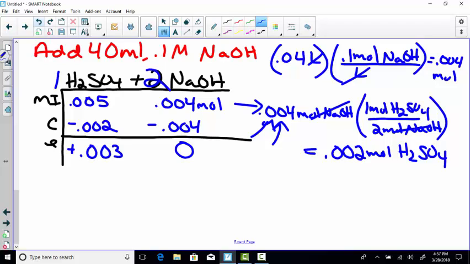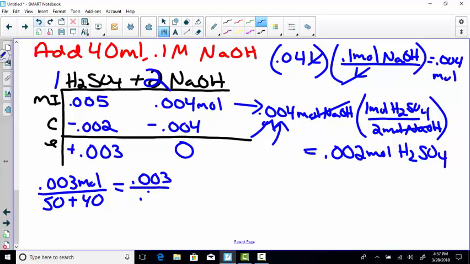Well, that 0.003 moles is now in the original 50 milliliters plus the 40 milliliters. So this is 0.003 divided by 0.09 liters. And my math calculations, I went straight to pH. So my pH for this is 1.47.